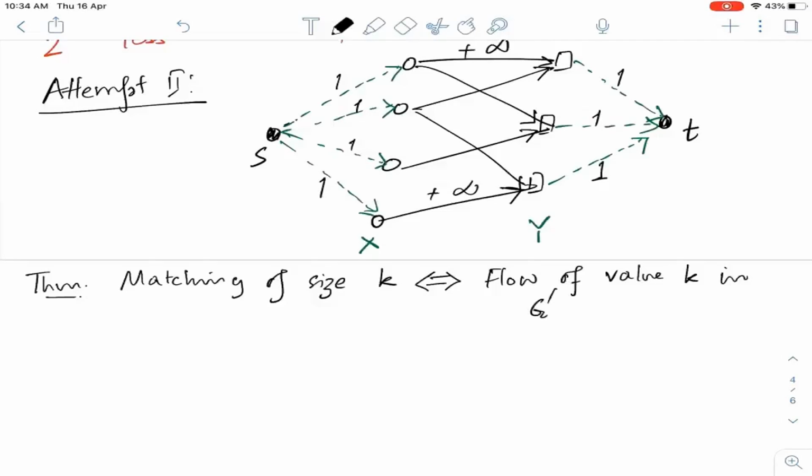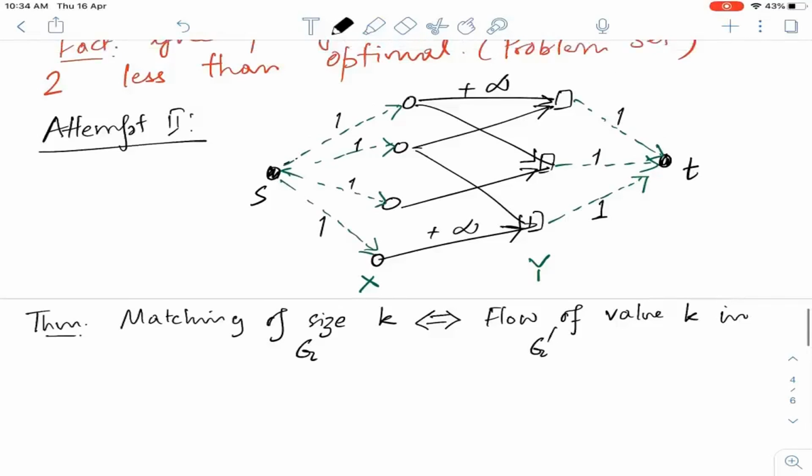G prime is this network that we have created, and G is the original graph. So we claim that any matching of size k has a one-to-one correspondence with a flow in this graph that is of value k.